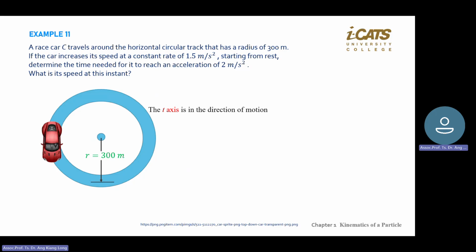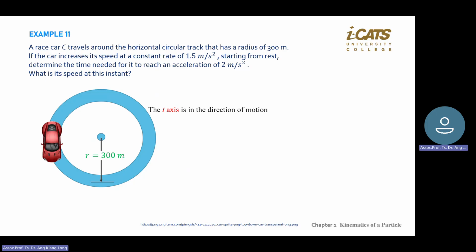The A given here is your AT, the object acceleration. Starting from rest, you're given the V value. Determine the time needed for it to reach an acceleration of 2 meters per second squared. What is the speed at this instant? So you need to find the V when you reach that acceleration.